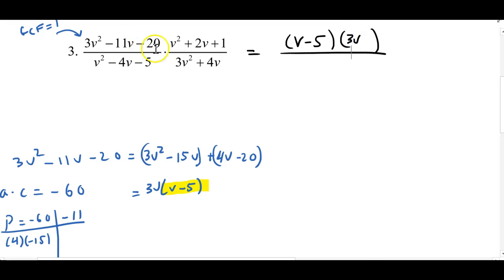Good. And then the negative 20, where does that come from? That comes from multiplying the last term with the other last term. If this is negative 5 already, then what times that will give you negative 20? This is already negative, so the other one must be positive 4. And that's how it should factor.